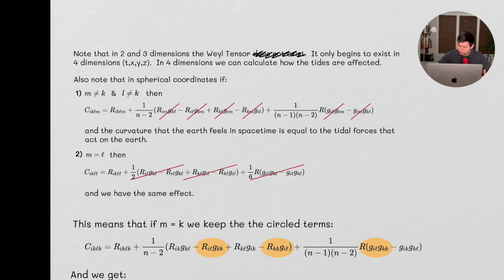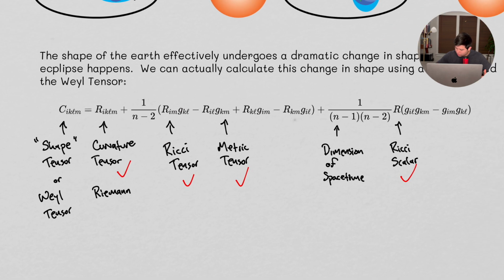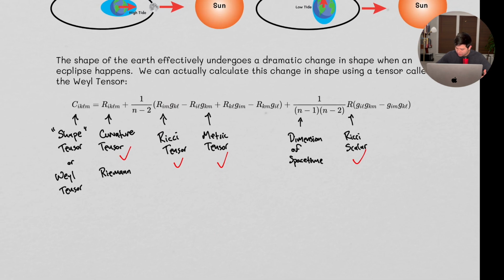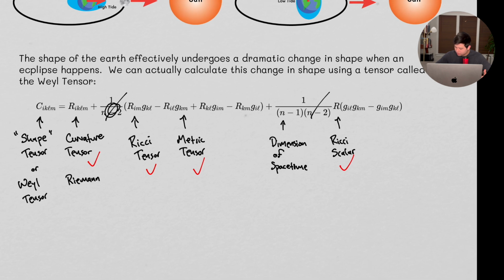So it is equal to the curvature, and the reason for that is, well, if the dimension is 2, this goes away, right? This is like undefined. Same here.